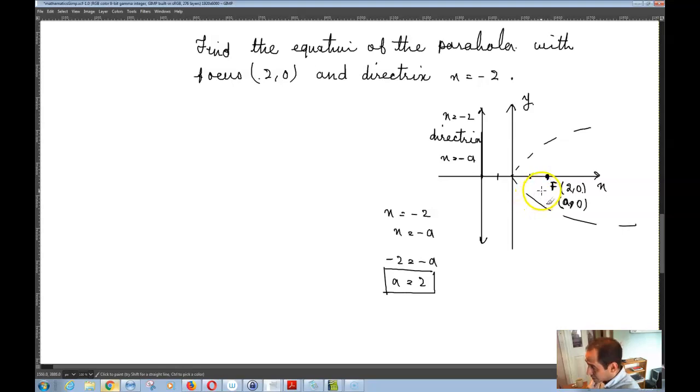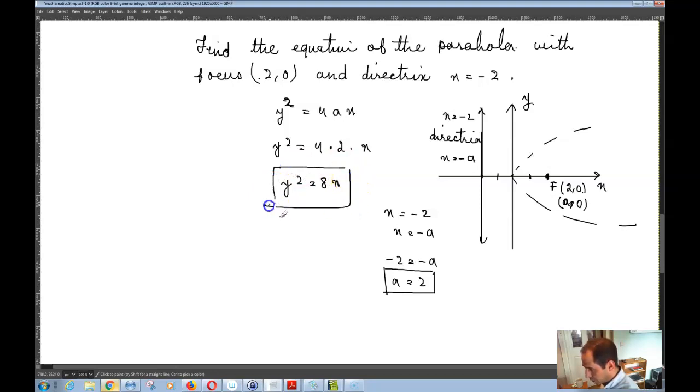So now, this is the information that we have about this parabola. We said that the equation of this parabola was y squared is equal to 4ax. So y squared is equal to 4 times 2 times x, which means y squared is equal to 8x. That is the equation of your parabola.